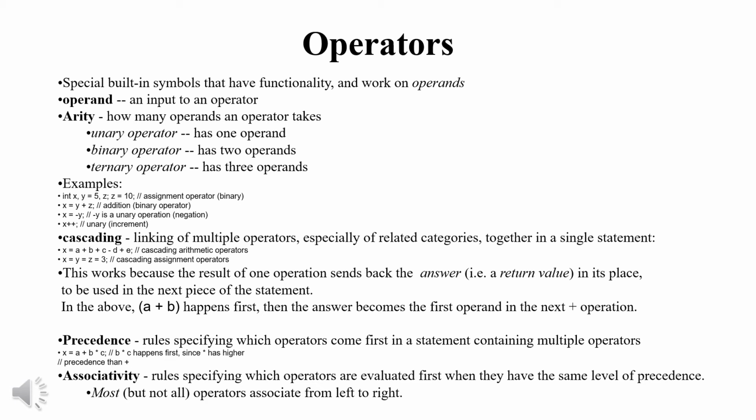So the answer here is first, the compiler will calculate and find the result for b multiplied by c, right? And then we'll add the result of that to a, right?